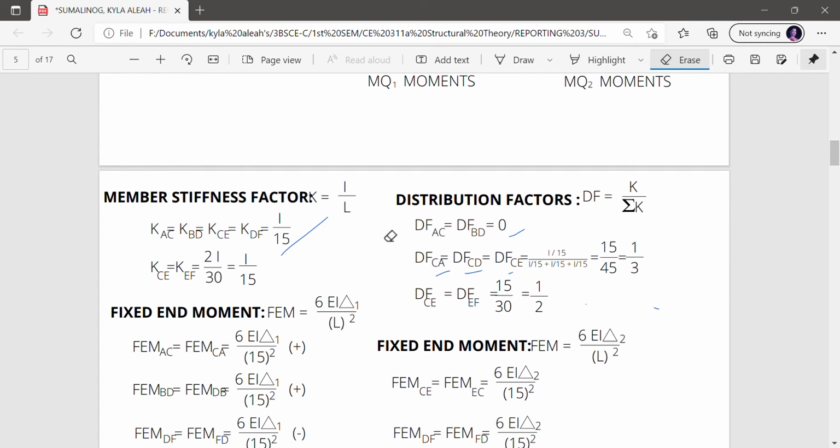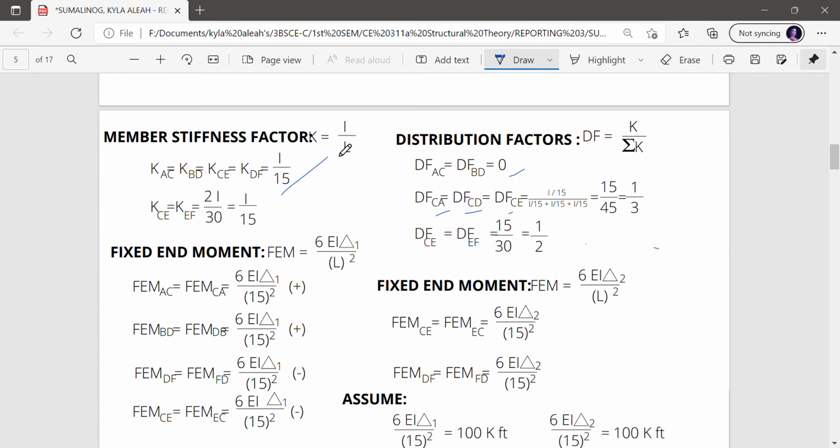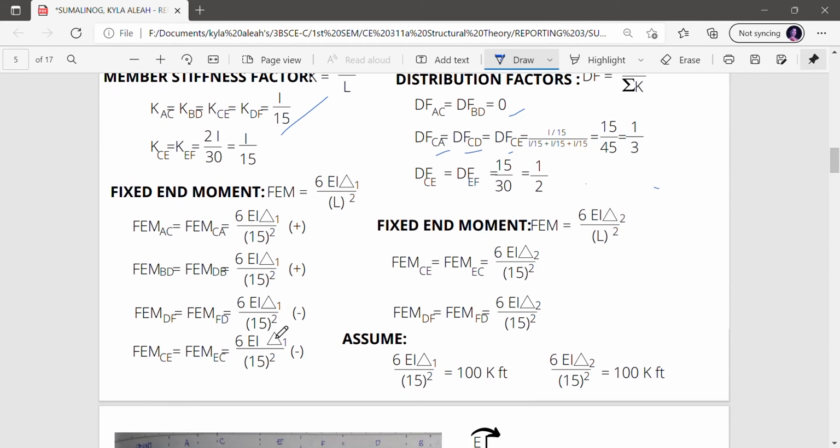Now let us proceed to the fixed end moment. We have here the formula FEM is equal to 6EI times the delta 1 over length squared. So for AC and CA, we will have a positive result. For BD and DB it is positive also, DF and FD is negative, and CE and EC is negative. That is for the delta 1.